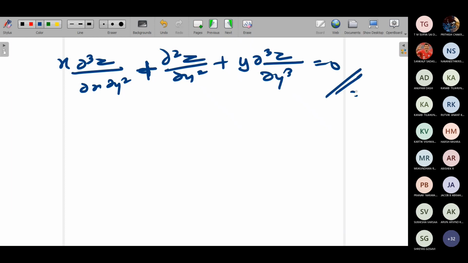That's all. So somehow we have to reduce it. So you have to go for the higher order if you have a number of arbitrary functions or arbitrary constants more than the independent variables. Is it clear?